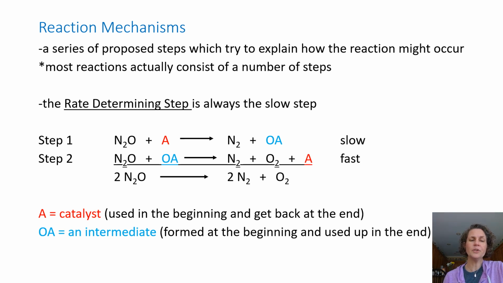Another thing that you won't see in the finalized form are what are called intermediates. Intermediates are compounds that are formed in one of the beginning steps, and then they are used up at the end. I have OA listed as my intermediate.